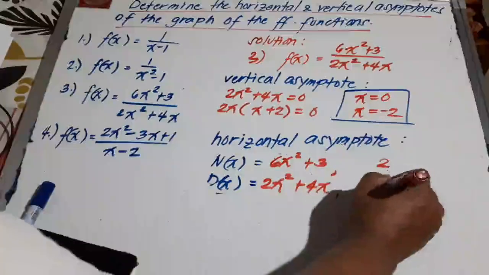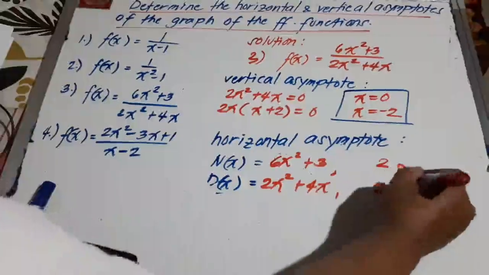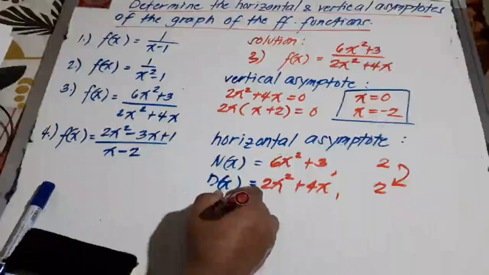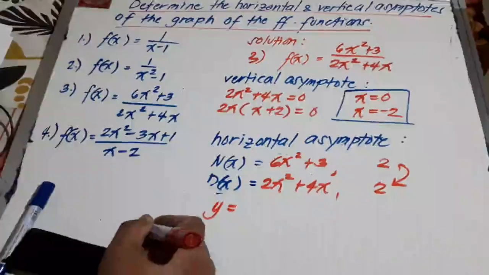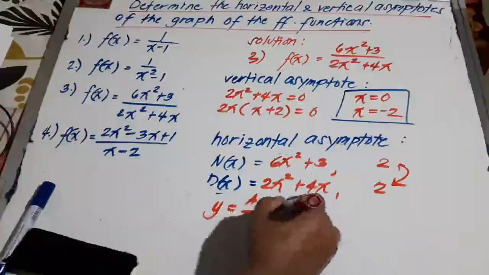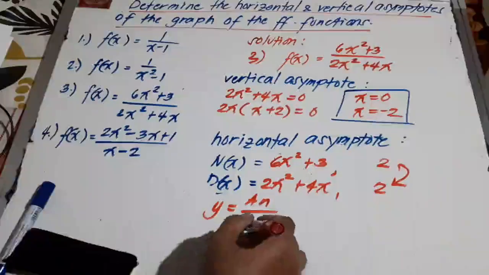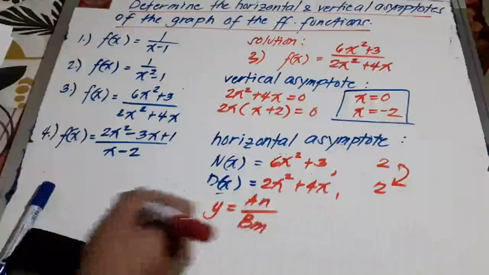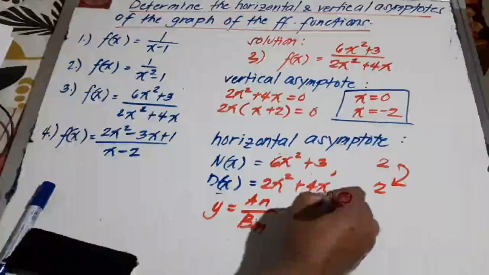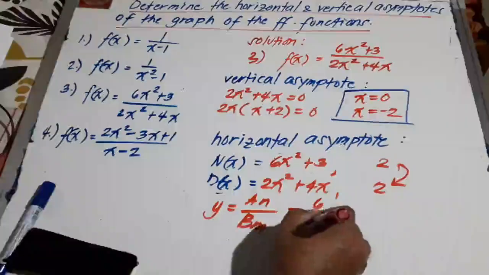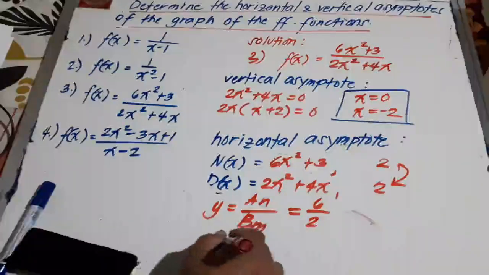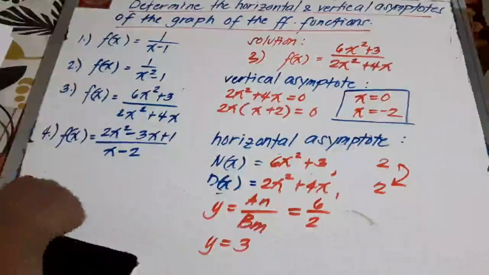Ang degree nito, 2 rin. So, equal yung kanilang degree of x on top at bottom ng ating rational function. Ang kanyang horizontal asymptote is the quotient of the leading coefficient on top and leading coefficient dun sa denominator. Ang leading coefficient dito ay 6. Ang leading coefficient dito ay 2. So, therefore, ang kanyang horizontal asymptote is y equals 3.